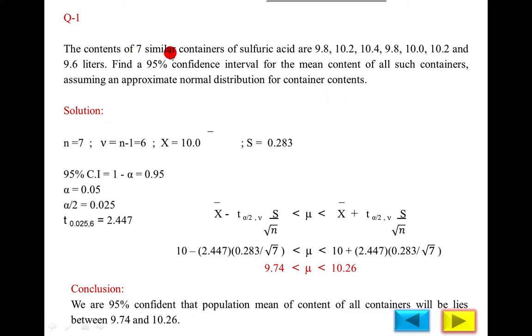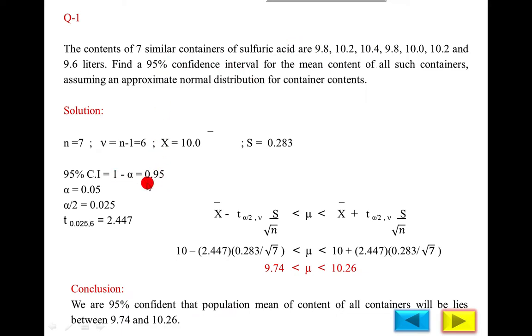There are 7 similar containers, so n is equal to 7, and degree of freedom nu will be n minus 1, which is 6. From this data you will obtain x bar and s: x bar, the mean, is 10, and s is the standard deviation. A 95% confidence interval means 1 minus alpha is equal to 95%, that is 0.95.